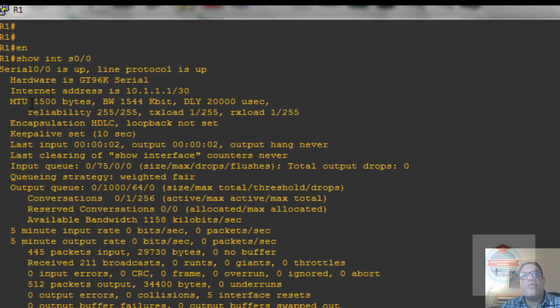We have an MTU of 1500 bytes. We got a bandwidth of 1544 kilobits. We got a delay of 20,000 microseconds. All this information is going to be very useful and very important for you, most specifically when you're doing path control and redistribution, guys. You're going to see that over and over and over. So try to get used to seeing that kind of thing.